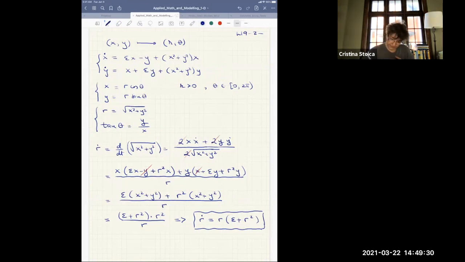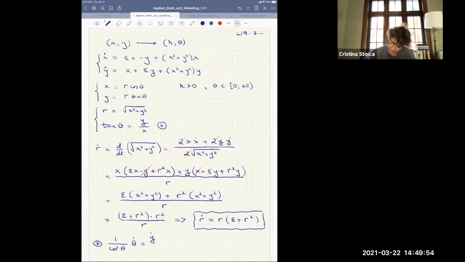And now for the theta, what I'm going to do, I'm going to take this one and do the derivative left and right. So this is 1 over cos squared of theta, theta dot. I keep telling you, these all are functions of t, okay? That's a fraction, right?